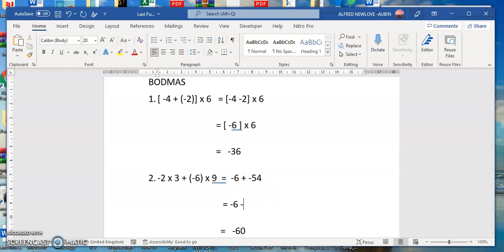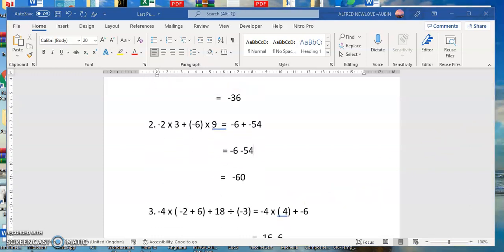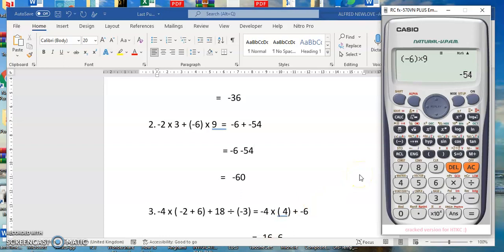Plus minus is minus, plus plus is plus, minus minus is plus. So this is going to give us -54. I want to see this. Alright. Okay, so our final answer, how did we get it?